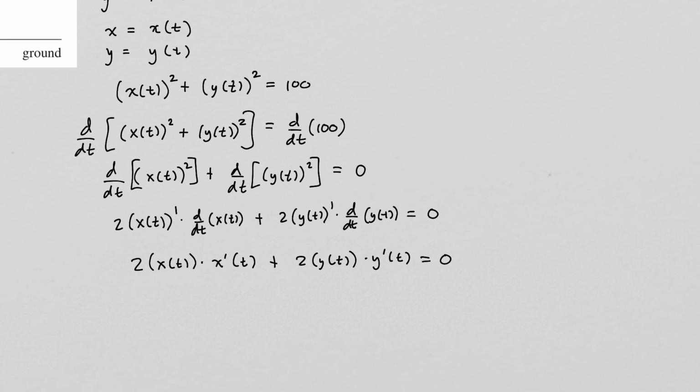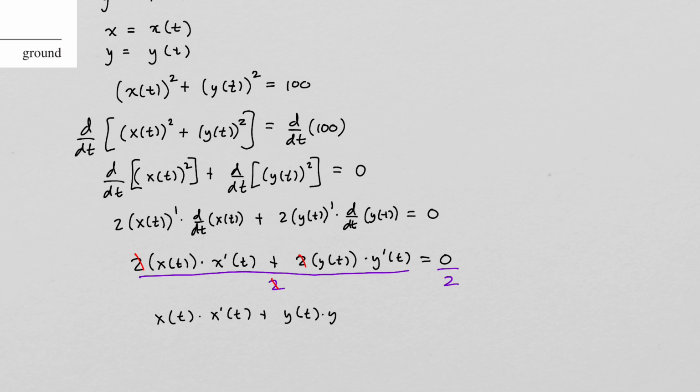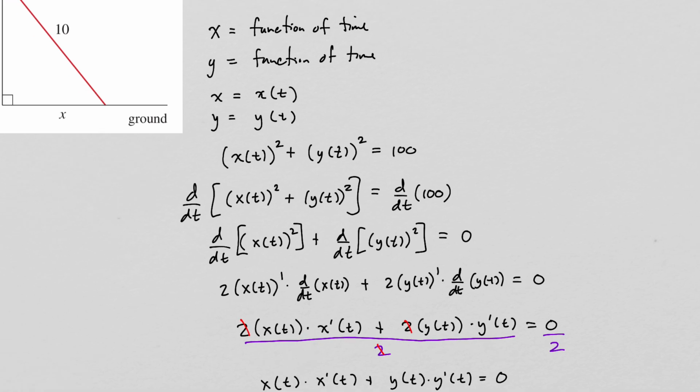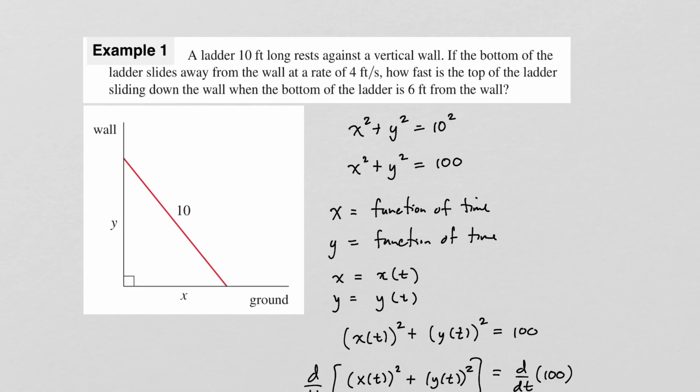And then one other thing I can do here is simply divide both sides of this equation by 2, and that will allow us to cancel out the 2's. And we end up with x of t times x prime of t plus y of t times y prime of t is equal to 0. Now let's go back and look at what they were asking us to find.